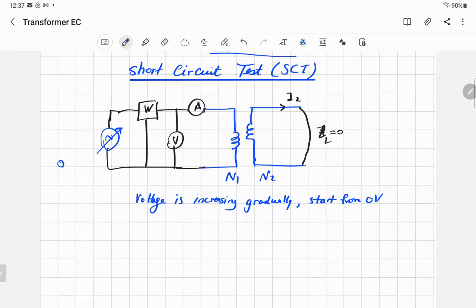Usually, practically, if you have the rated voltage known for the transformer on the side, it's usually between 2 to 12% of the rated voltage. Like if you have 100 volts, maybe we just reach 12 volts to reach the rated value of the amps on the side.